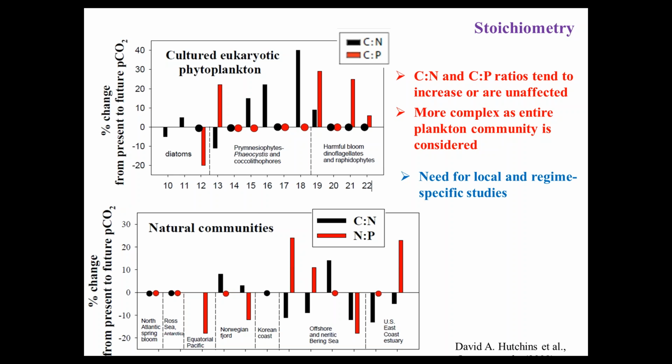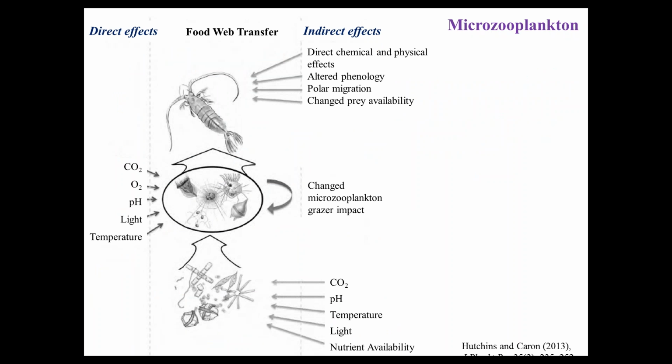Why does this matter? Well, if you think about the trophic food webs, throughout this talk we're trying to go from lab studies of single species, to mixed communities, and now up the trophic levels. This is a really nice review by Hutchins and Fu that focused on how microzooplankton might be affected by CO2 increase in aquatic systems.